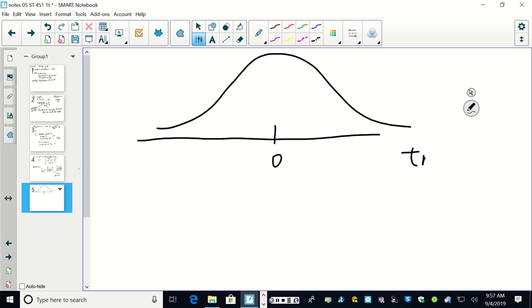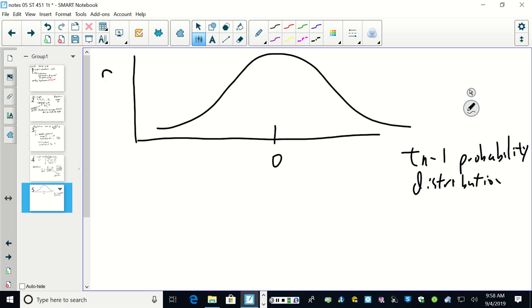This is the t with n minus 1 probability distribution. And so this curve is some density curve for the t distribution. Put a little t here, so the little values of t.